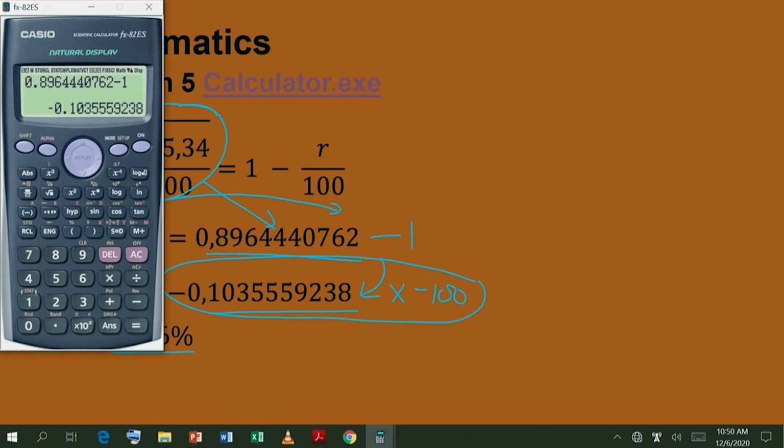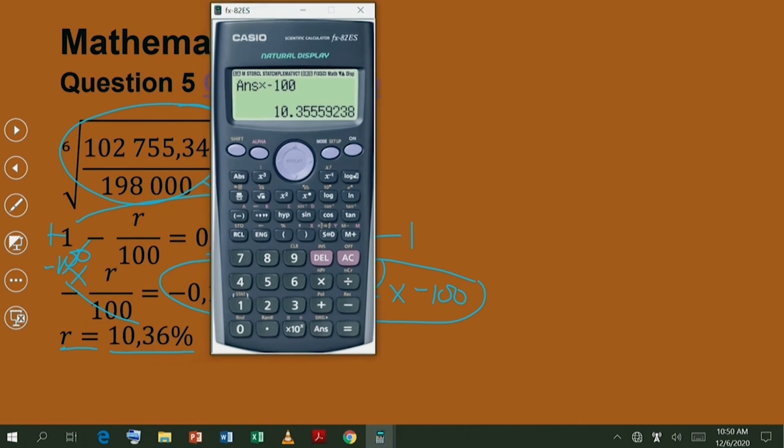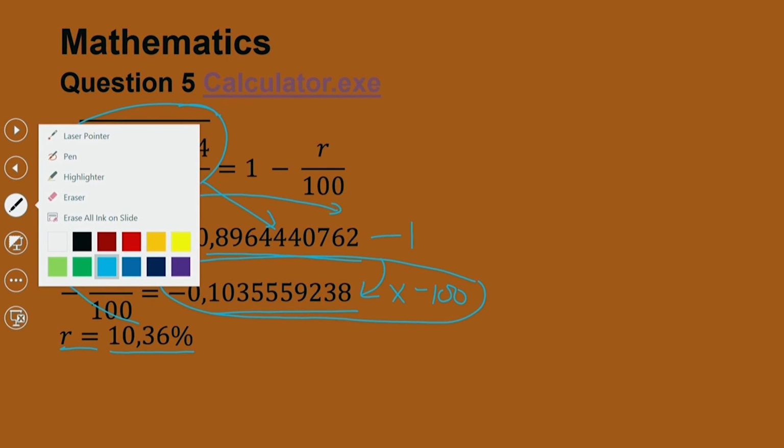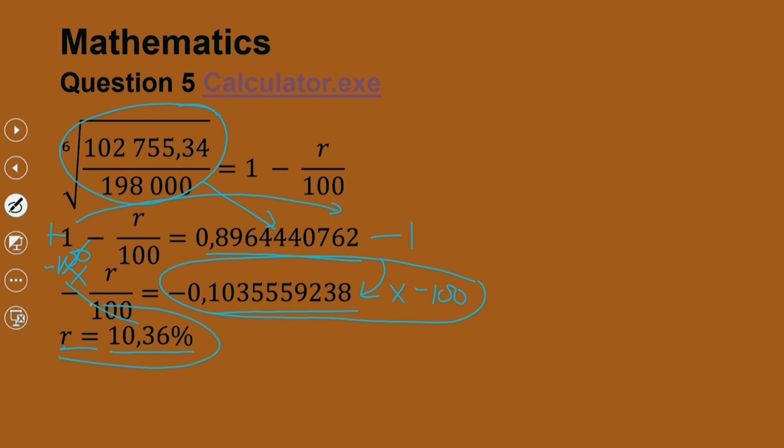That gives us negative 0.103,559,238. Then I said we must multiply it by negative 100, and that will give you 10.3559,238. And when you round this off to two decimal places, you end up having 10.36, and this is what we're having there.